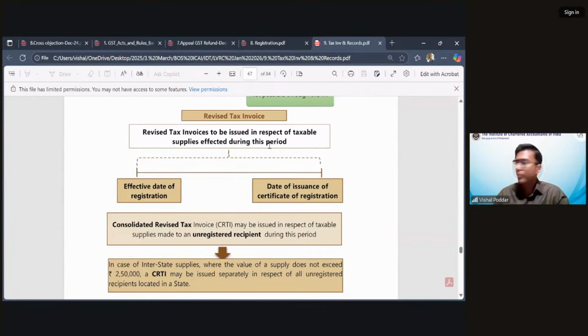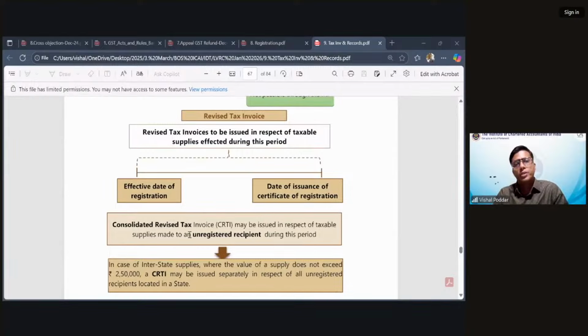The answer is no. So let me first clear this point, that you are not allowed to change an invoice which is prepared. Maximum you can cancel the invoice, or if some amount in the invoice has to be inflated or deflated, you can use the debit note, credit note. But the same invoice cannot be changed.